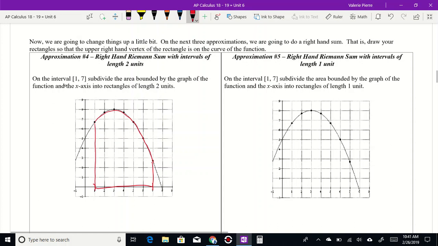So we are going to create, again, rectangles of length 2 units. So now I want the right-hand vertex to be on the curve. So if I'm going from 1 to 3, the right-hand vertex should be on the curve.